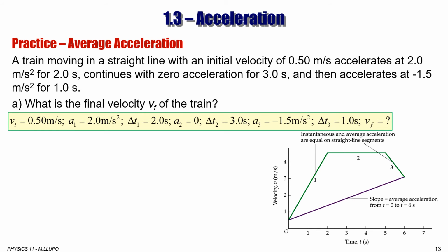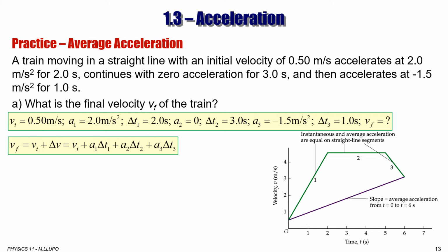So what do we have as given? We have initial velocity of 0.5 meter per second, then acceleration 2 meter per second square for 2 seconds, and then 0 for another 3 seconds, and then minus 1.5 for 1 second. What is the final velocity?